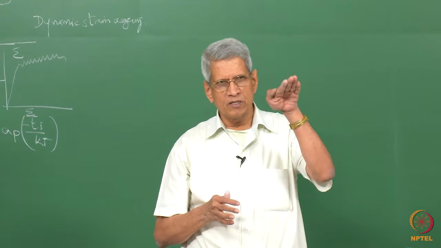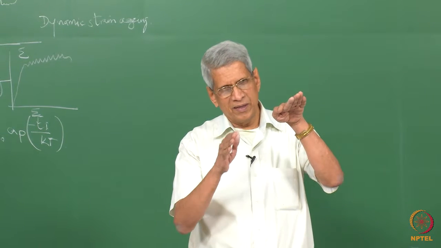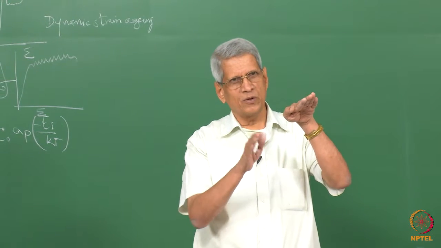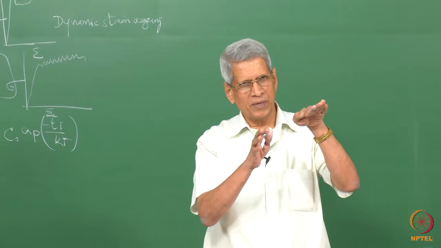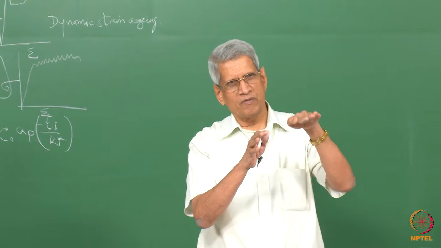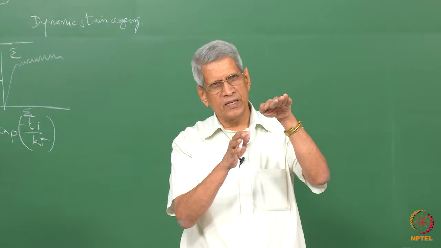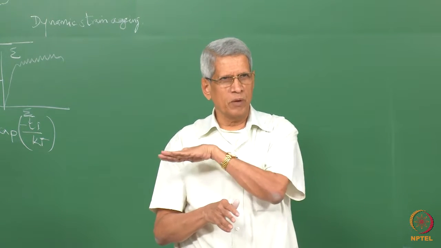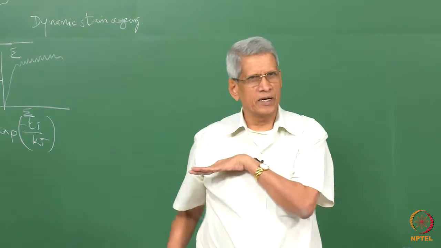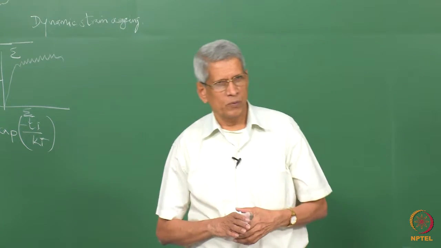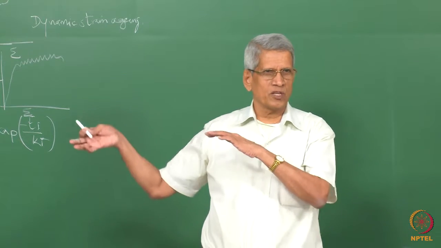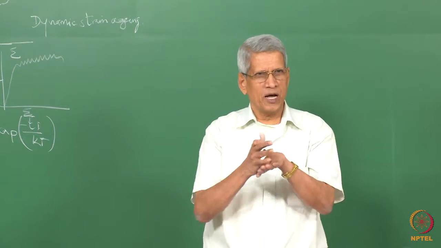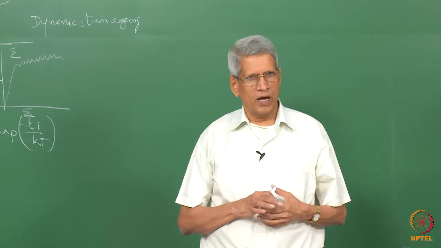The applied stress is also increasing. The internal stress also is increasing because an atmosphere is forming. At some particular point, if the applied stress becomes sufficiently high to overcome this atmosphere, then the dislocation will move out of it. Then there will be a drop which will be seen. Again, at the next obstacle it will be stopped. This is what is going to happen.